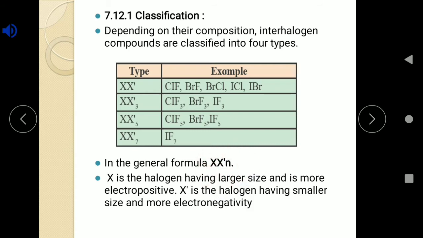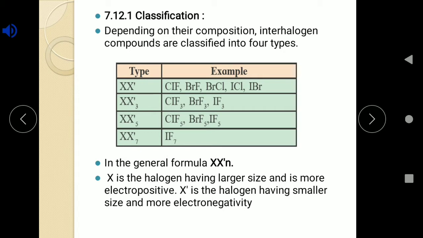Then what is the rule for the formation of these types of compounds? The rule is like this. X will be the halogen atom having larger size and more electropositive, while X' will be the halogen having smaller size and more electronegative. We have seen the periodic trends. As we move down the group, the atomic size increases, and the electronegativity decreases.